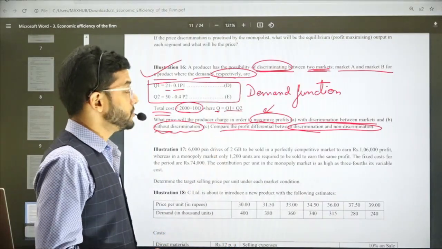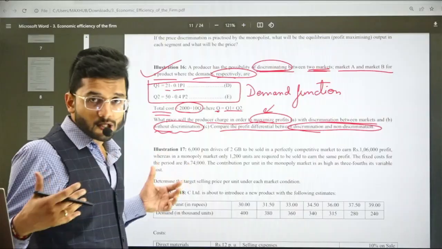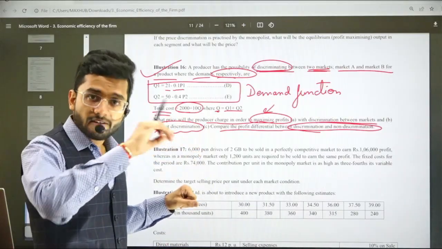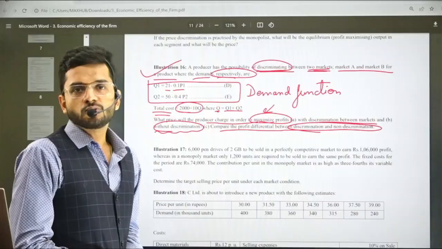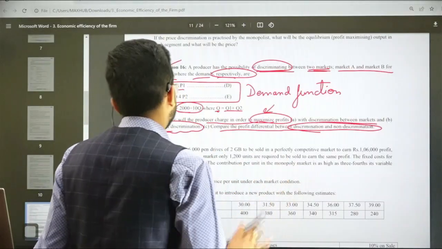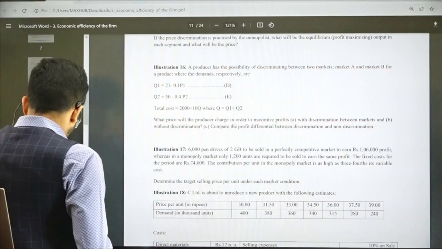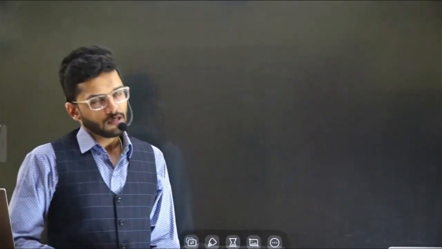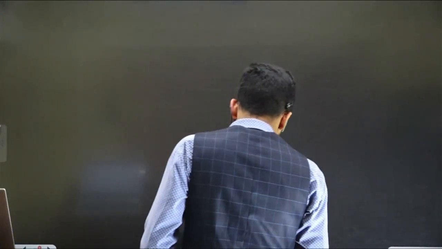So in the first part we are going to calculate when we have discrimination between markets. In the second part, when we have no price discrimination, which means both the markets have a common price. And the third part is we need to compute the profit differential between both. Okay, sir, this is an interesting question. So let's start illustration number 16.